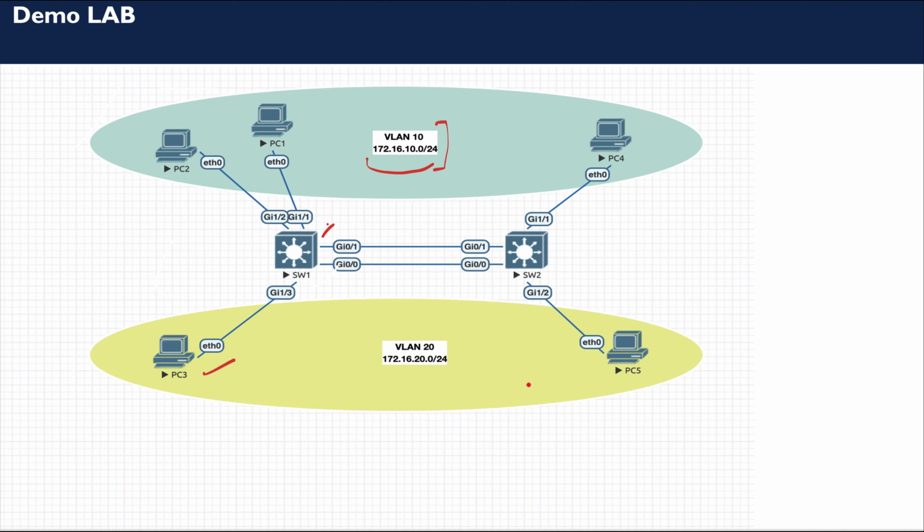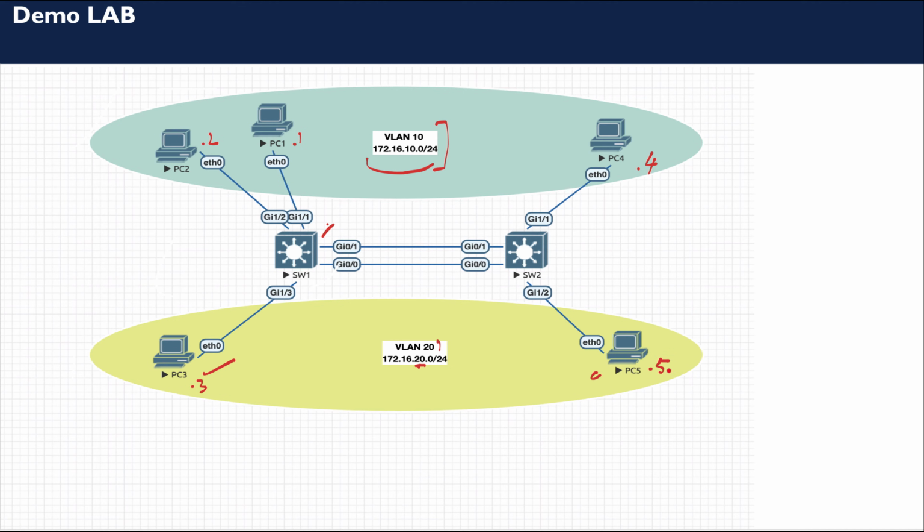PC3 and PC5 are on VLAN 20 and they are on 172.16.20.0/24. I'm assigning the last octet as .1 for PC1, .2 for PC2, .3, .4, and .5.